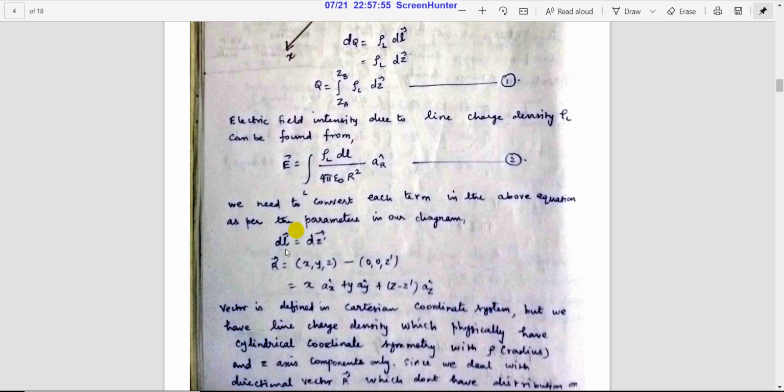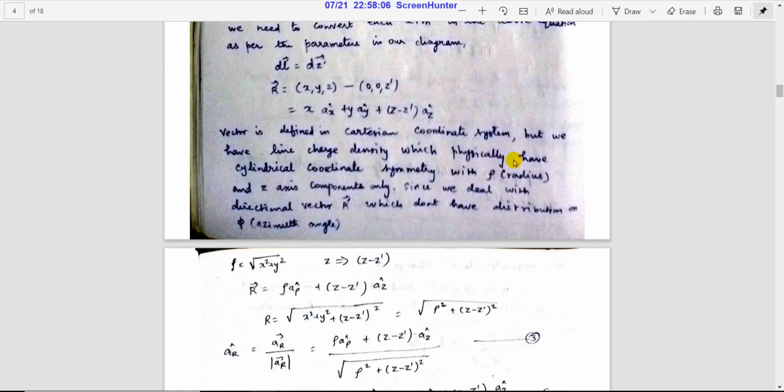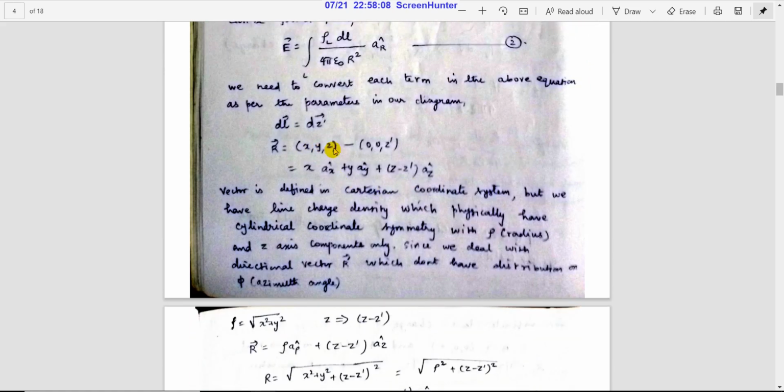So what is R? R is the distance vector from the point 0 comma 0 comma z dash to the point P x comma y comma z. To find the distance vector, we subtract the point 0 comma 0 comma z dash from the point x comma y comma z. So we get x comma y comma z minus 0 comma 0 comma z dash.